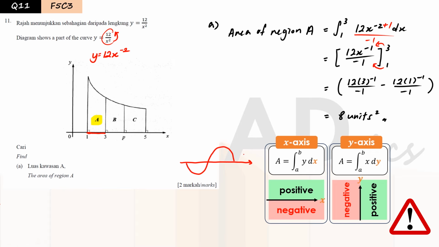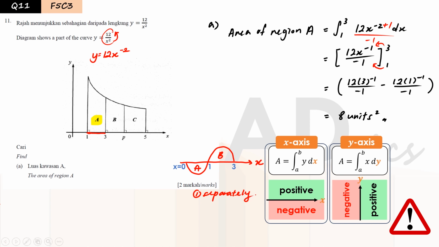For example, this is the x-axis, region A is below the x-axis and region B is above the x-axis. To solve this kind of question, we need to do two things. First, we calculate their areas separately.